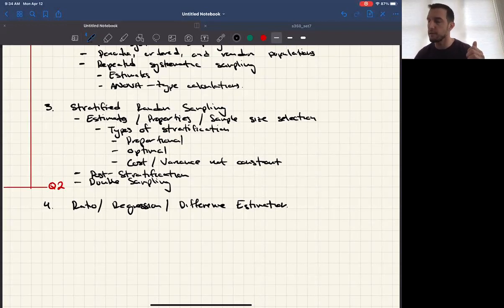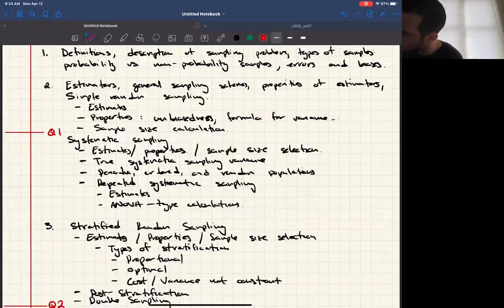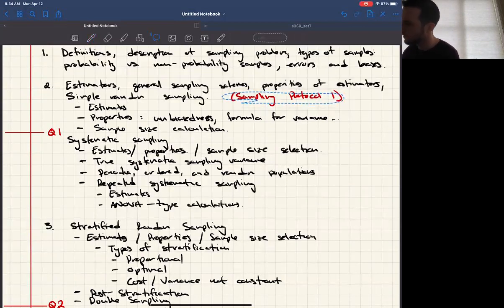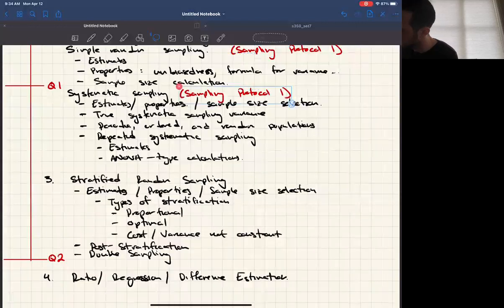Okay, so in lecture set 2, we saw 2 sampling techniques. Okay, so this would be sampling protocol 1. This would be sampling protocol number 2.